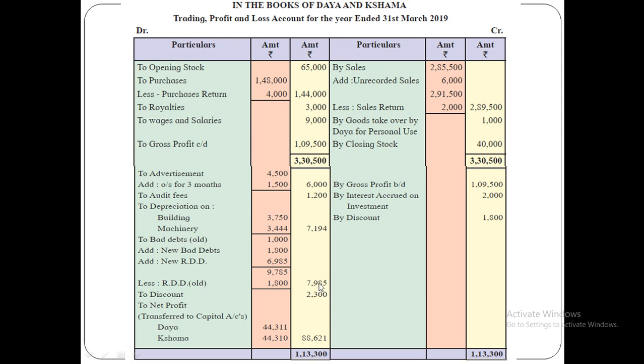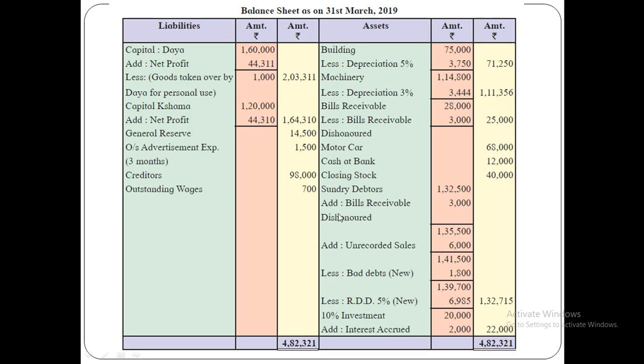So the new figure is 7,985. Next is goods of rupees 6,000 were sold but no entry was made. So here, unrecorded sales. We have already seen this particular adjustment, that is unrecorded sales, and we already gave the particular effect, that is unrecorded sales added to the sundry debtors.